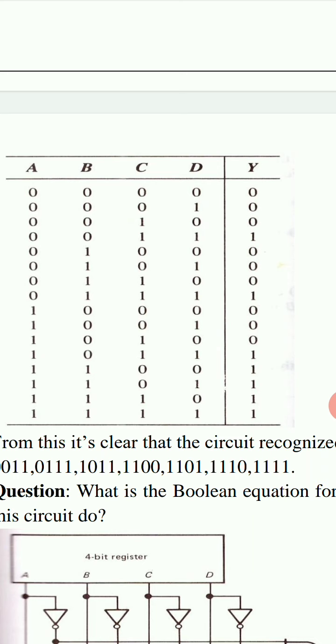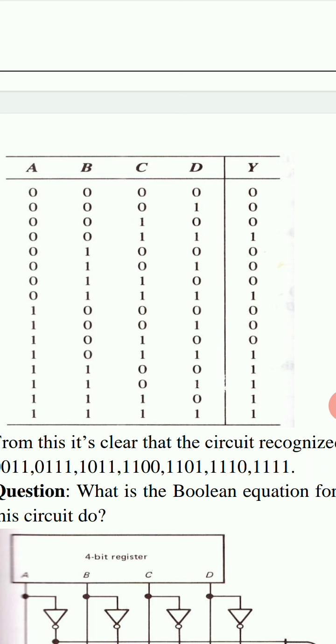That means it recognizes the input word 0, 0, 1, 1 for which the output is 1. Next output is 1 when A is 0, B is 1, C is 1, D is 1. So it recognizes this word also, 0, 1, 1, 1.